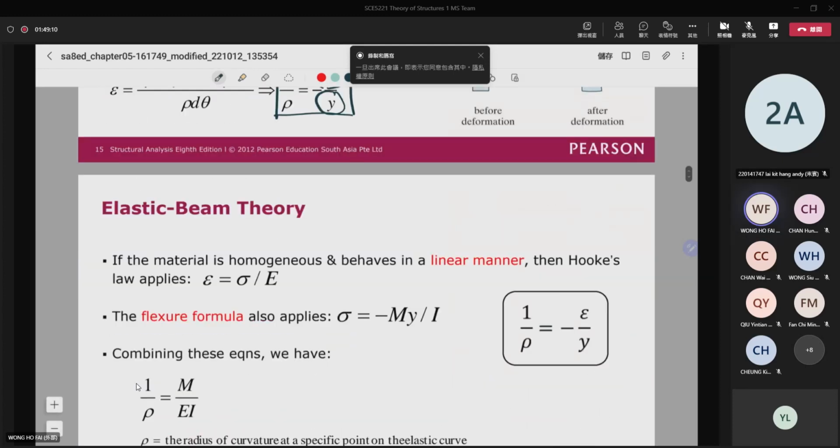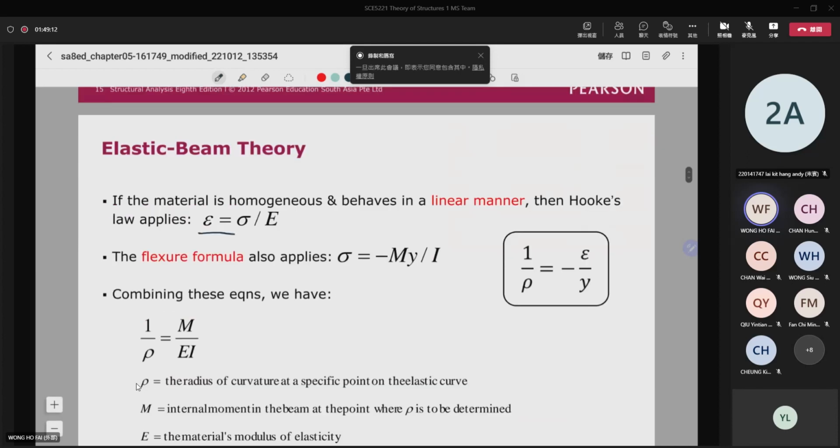From here, you also have the equation epsilon equal to sigma over E. Then you can prove that 1 over rho is equal to M over EI. Now, don't worry, this is just the proof of the equation, and you may take a look in detail when you are at home.